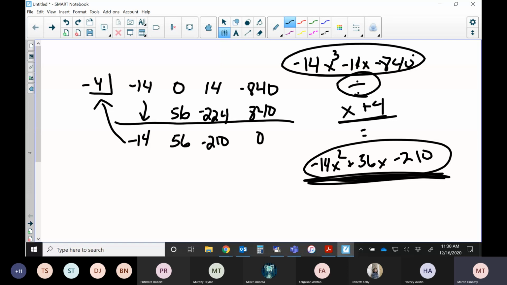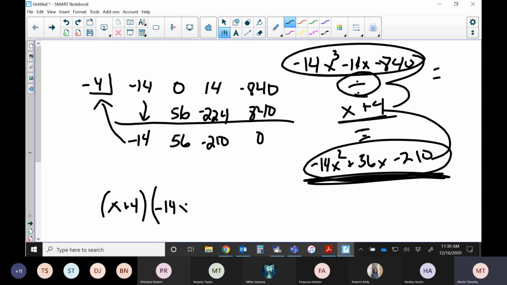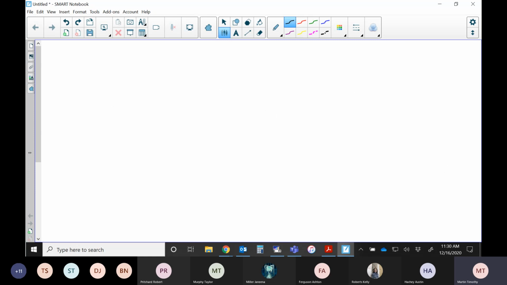So this divided by this equals this, then this times this equals that, just like we did in elementary school. So I could write it as x plus 4 times -14x squared plus 56x minus 210 would get me back to this original thing. So there are different questions they can ask based on that.